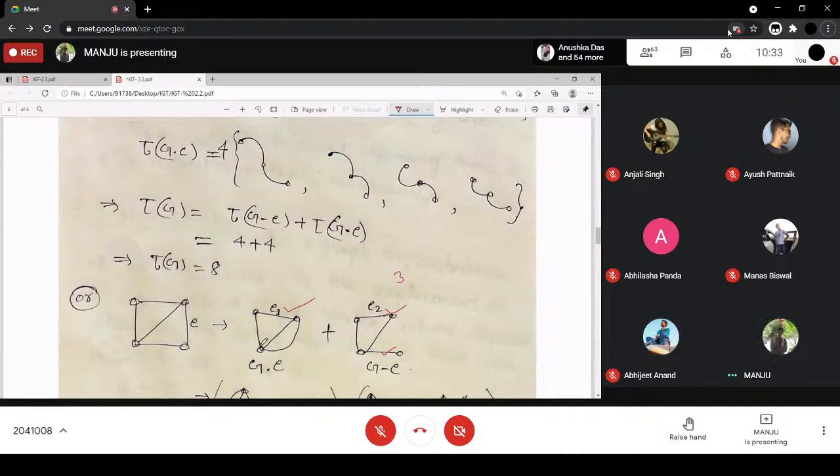First is this one, means 3 for this triangle. These two, and these two, right? And then if you add this outside edge, then 2 more, right? Because this will be common in both triangles. So this edge with this edge and this edge with this edge. So 2 more, 3 plus 2 plus 3. How much are you getting? 8, right? The total number of spanning trees you are getting is 8.